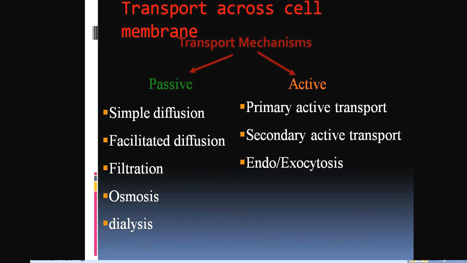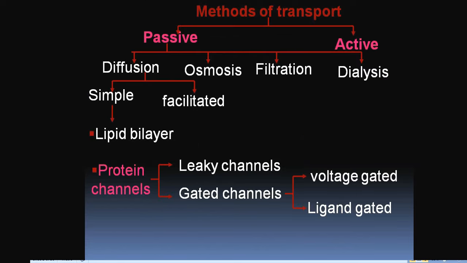This chart explains the basic classification of the methods of transport. Here we see that in transport, protein channels play an important role. The protein channels are of two types, leaky channels and gated channels. The gated channels are again divided into voltage gated channels and ligand gated channels. This is the basic classification of protein channels.